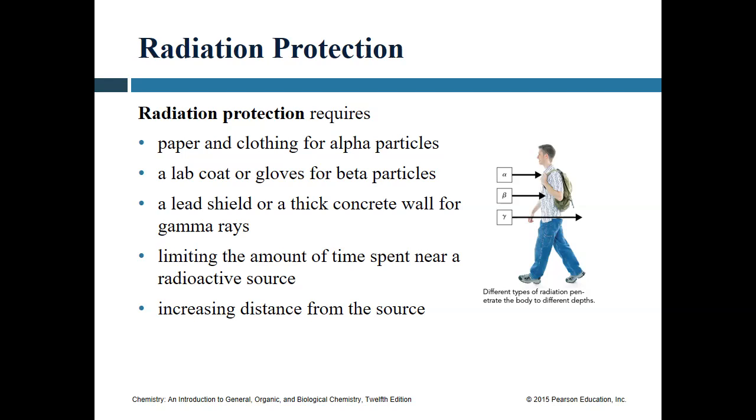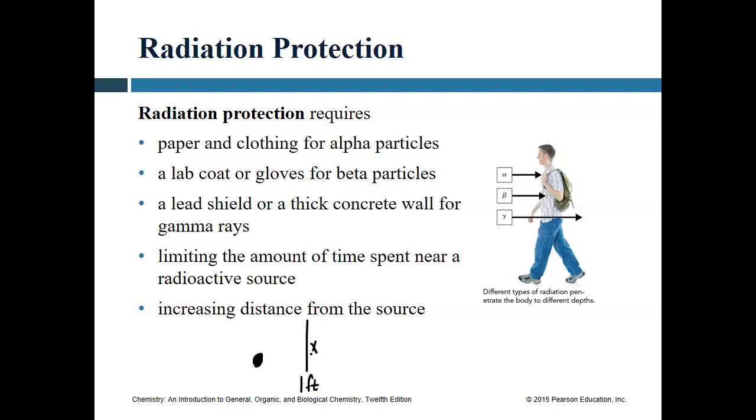So what I mean by that is, let's say we have a radioactive source here, and at this spot here, 1 foot away, we receive a certain amount of a dose.